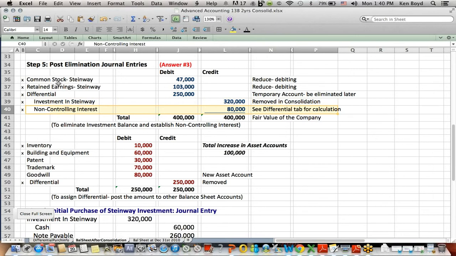And so you see we have a balanced entry. Debit to equity, here's the differential, investment in Steinway and the non-controlling interest. So the differential is the plug figure, and I say that it's a temporary account that will be removed later. A differential account never makes it to the financial statements.